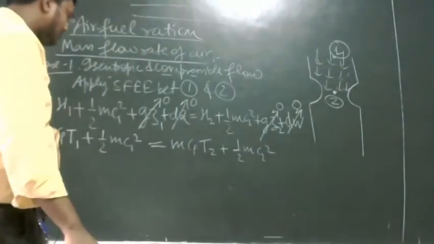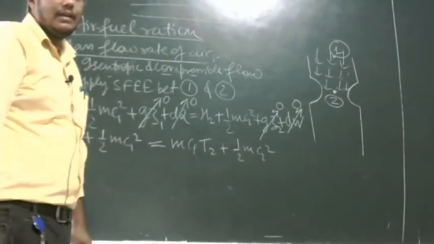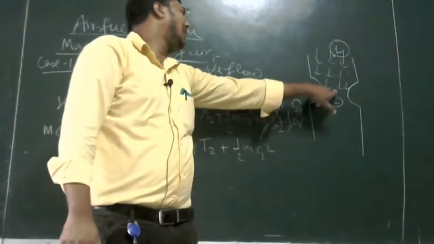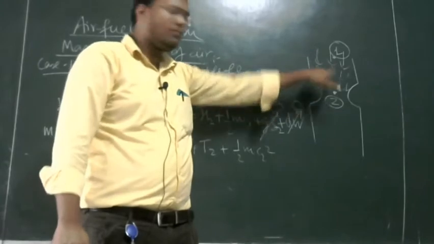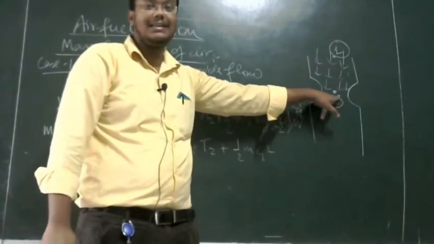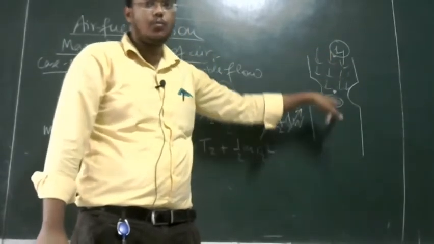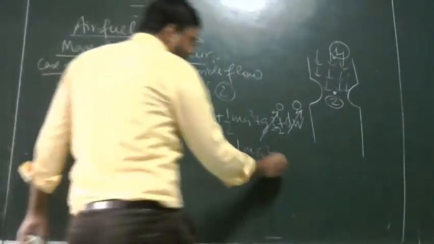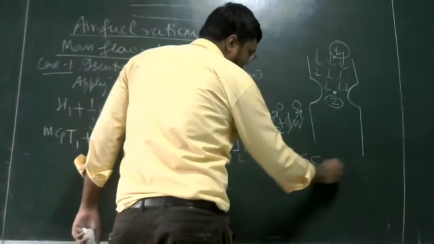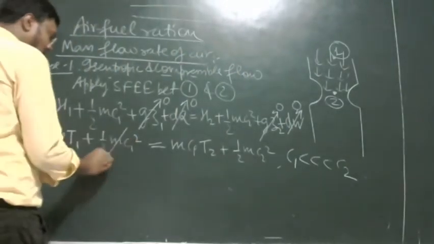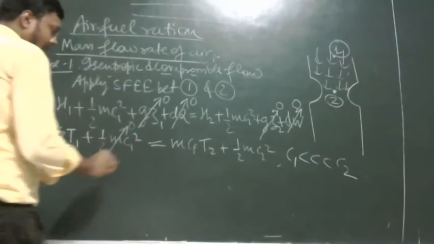Okay. Now here as I told you earlier that when air flows from point 1 to 2, at point 1 velocity is very less, but at point 2 velocity is very high, because the area is uniform. Okay, so we can neglect the velocity at point 1 compared to point 2, because C1 is very less than C2. Okay, so half mc1 square we can also neglect here.